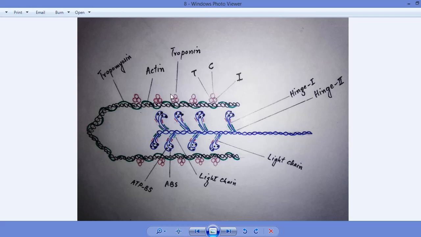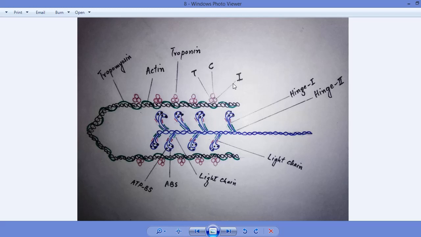The troponin has three domains. The troponin T is one domain, the troponin C is another domain, and the troponin I is another domain. The troponin T is responsible for the attachment of this protein with the tropomyosin, with this string.